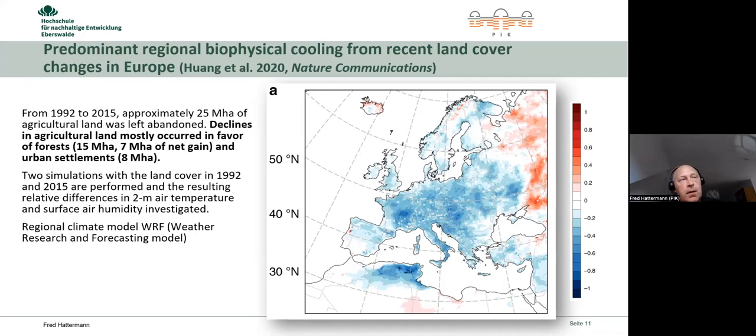It seems to be that only this relatively small amount of additional forest we have led to a cooling, counteracting the overall global warming or regional warming, I must say, by on average something like 0.3, 0.4 degrees over Europe, looking at the entire continent.